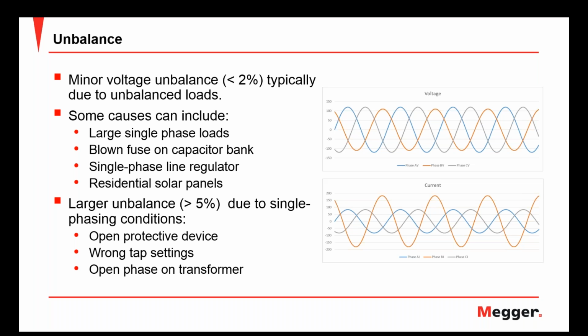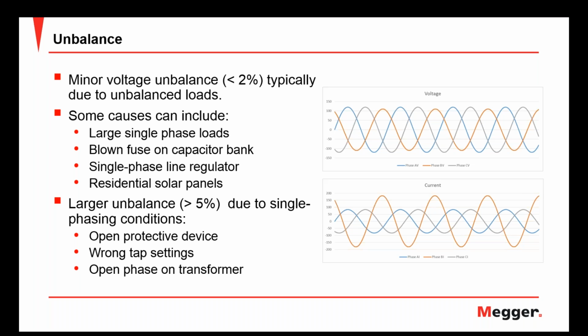Unbalance. The minor voltage unbalance, typically under 2%, is typically due to issues like large single-phase loads, blown fuses and cap banks, single-phase line regulators. Residential solar panels are also a culprit, because they're not put on three-phase, they're put on one or two phases, so they're going to create more voltage on those phases than on the other ones.